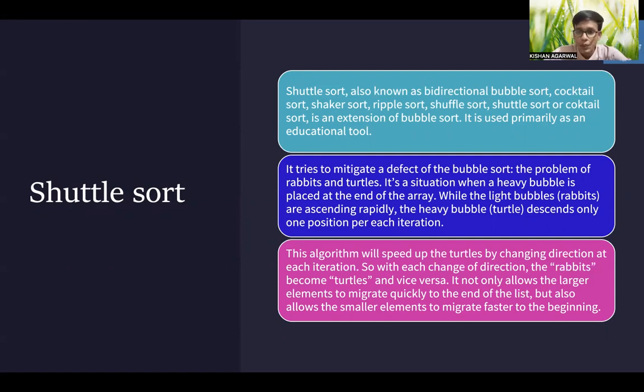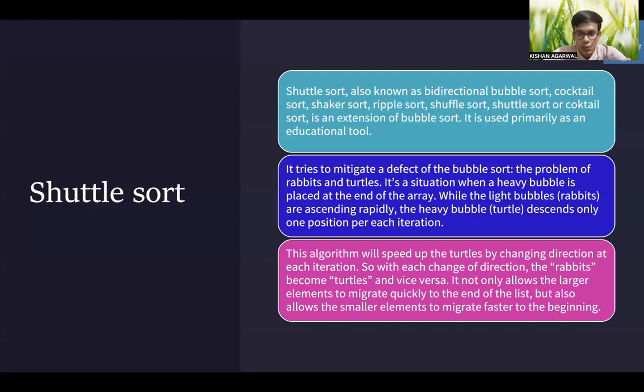It tries to mitigate a defect of bubble sort, the problem of rabbits and turtles. This is a situation where a heavy bubble is placed at the end of the array while the light bubbles, the rabbits, are ascending rapidly. The heavy bubbles, the turtles, descend only one position per iteration.